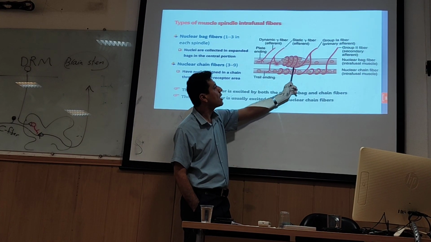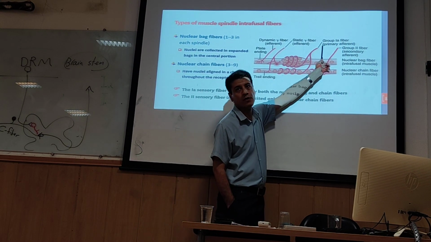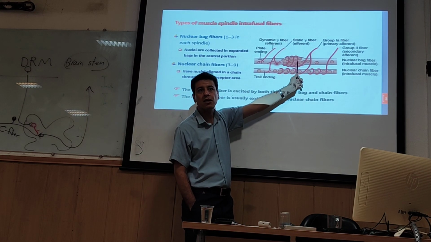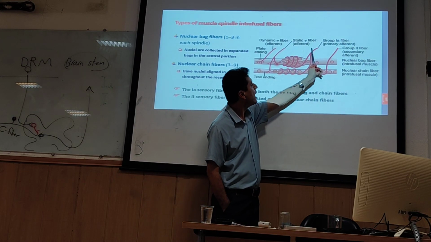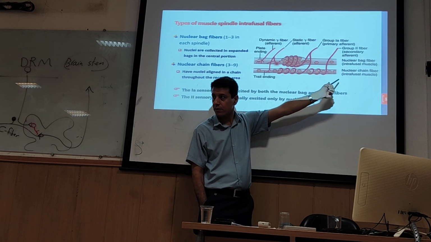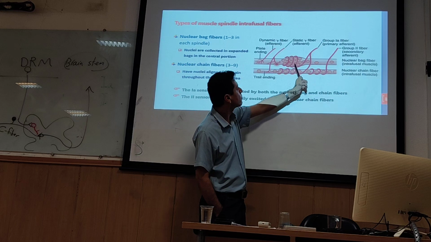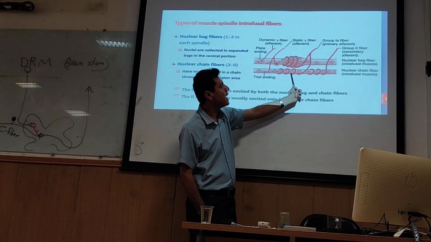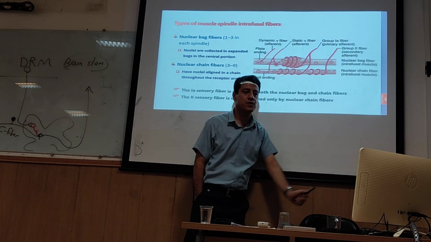Dynamic response is transmitted only through 1A. Static response can be transmitted through 1A and group 2, the secondary fibers. So dynamic response is only transmitted by 1A, but static response can be transmitted through 1A and 2.